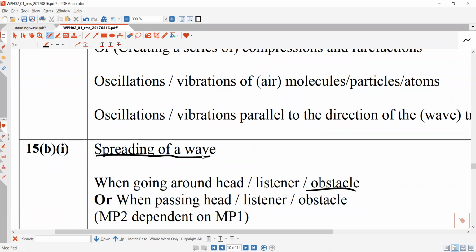Then full stop. You write: diffraction takes place when the size of the obstacle is equal to or less than the wavelength.